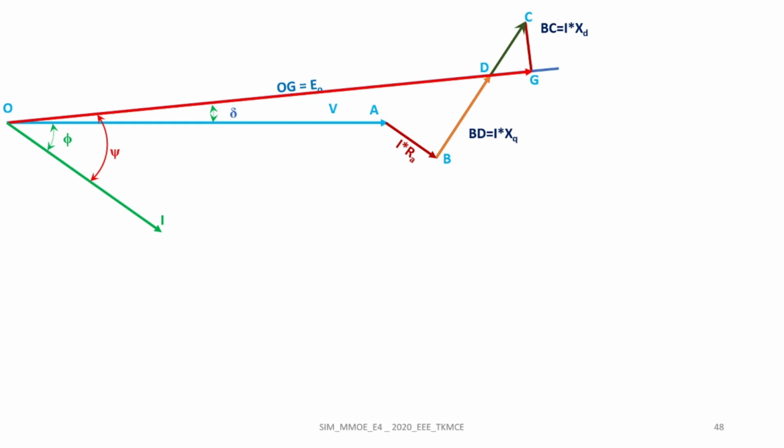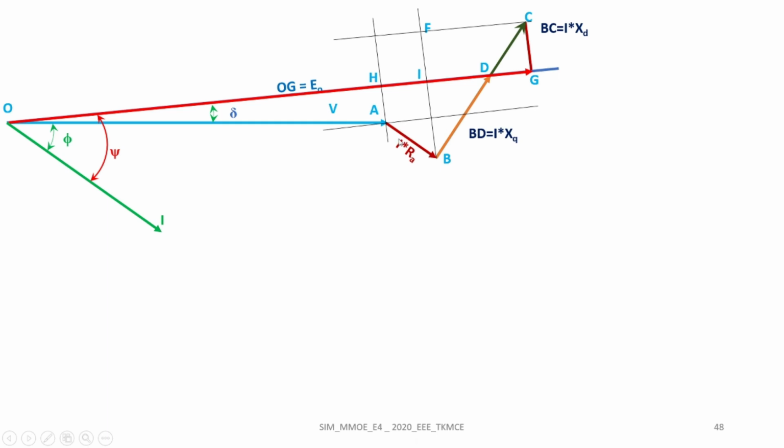Then we can draw two lines from the tips of A and B like this so that they meet at points H and I on the OG vector, so that all these angles become 90 degrees. Then from the tips of C and A we can draw two lines parallel to E0, so that all these angles become 90 degrees. As this line is parallel to E0 and the I into RA phasor is parallel to the armature current, this angle is psi.